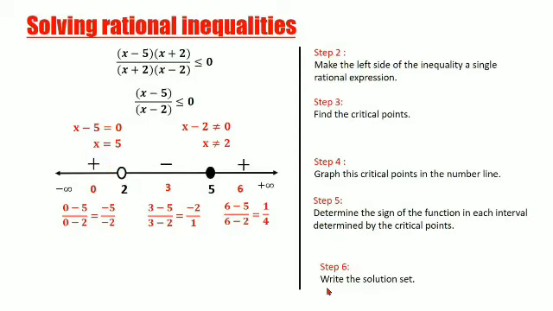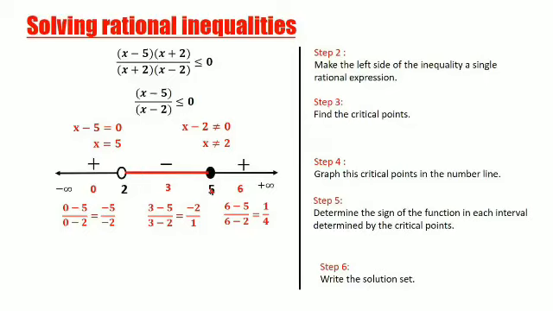Then we will write the solution. In writing the solution, let's go back to the sign of our inequality indicator here. It says that this rational expression should be less than or equal to 0, and that means negative numbers. Therefore, our answer lies in here.